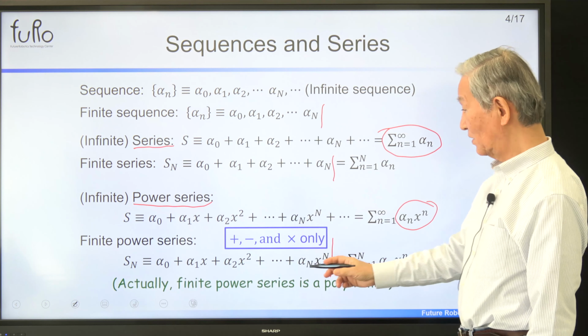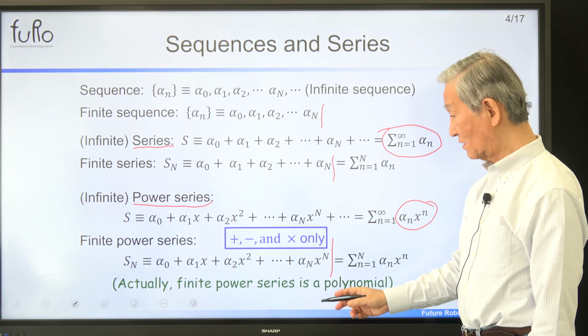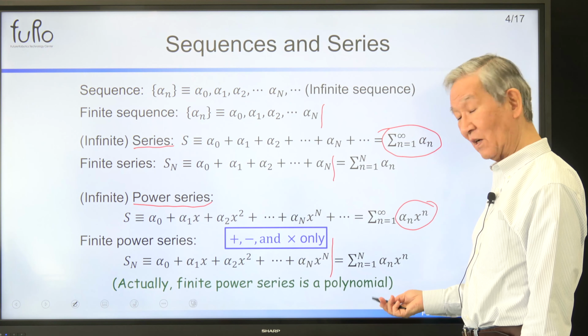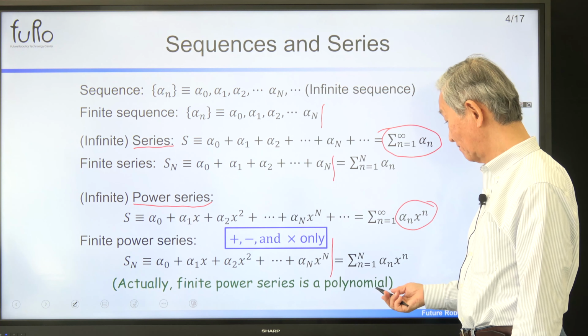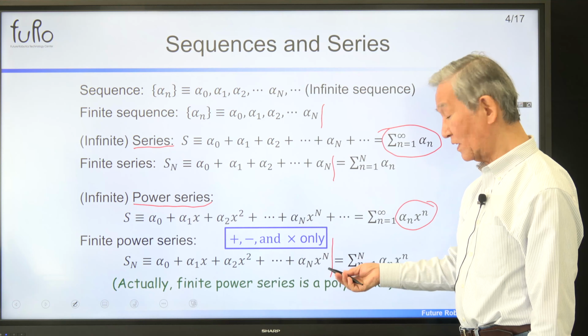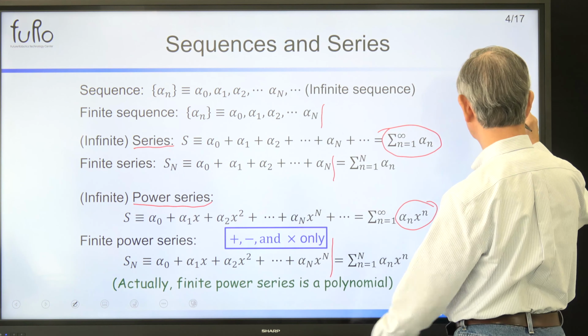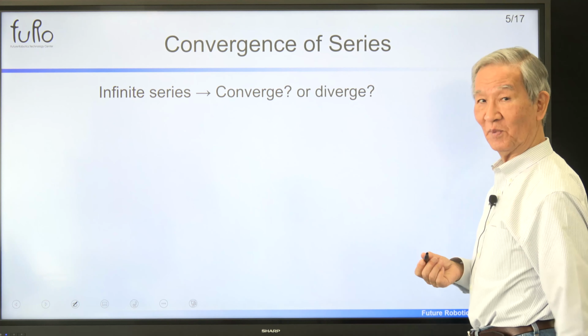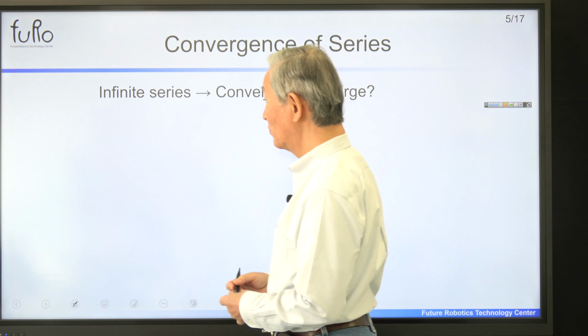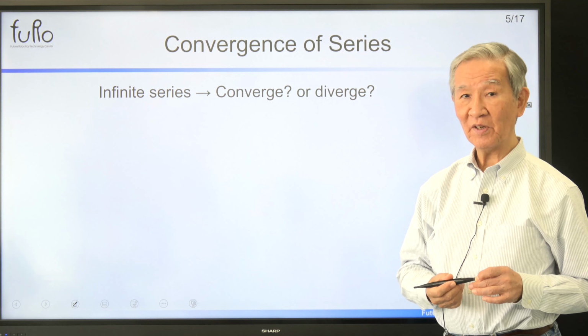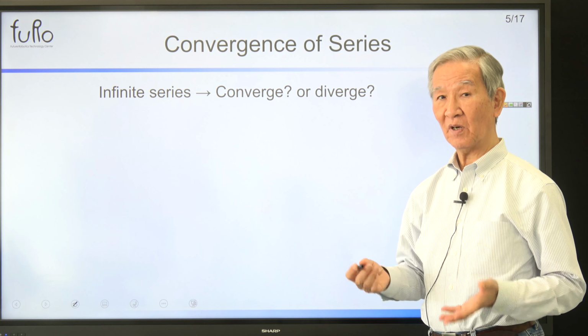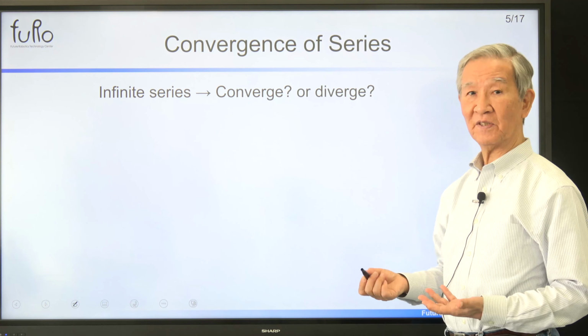And this one here, if you look at it, the power series is nothing but a polynomial. It's just a polynomial, right? Any sort of polynomial. So we all know that. Even computers can compute that. But when you have infinitely many of them, you have a problem of convergence or divergence.